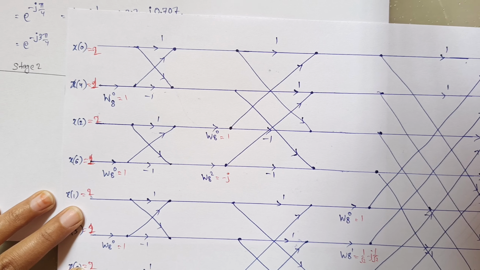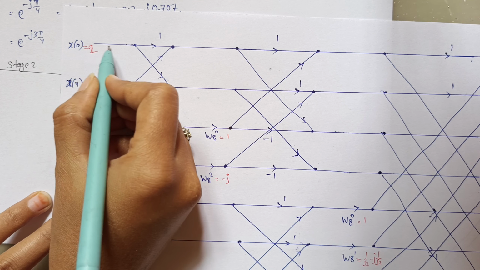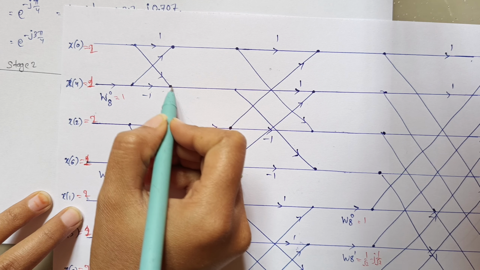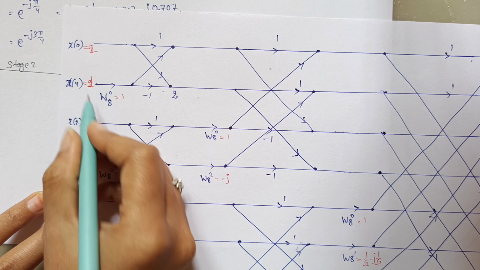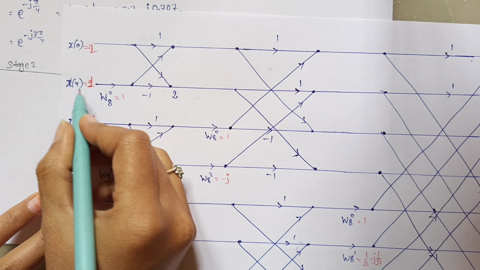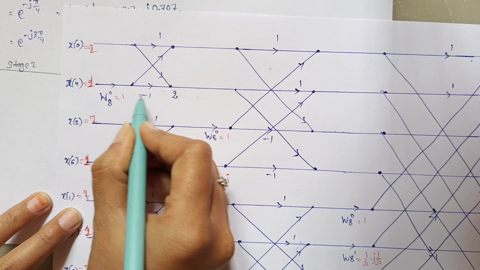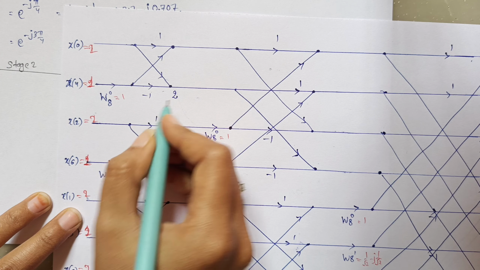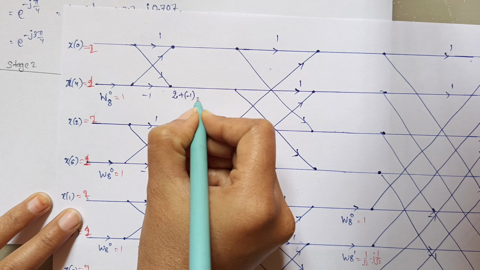Let's concentrate on the small butterflies. So here we have 2. The 2 will be moving like this, and to this point it will come as 2. Now from the bottom leg we will take 1 into 1 and into minus 1. It will be minus 1. So plus minus 1, what will you get?